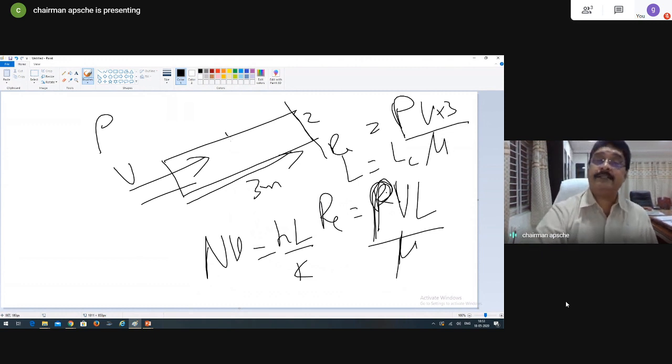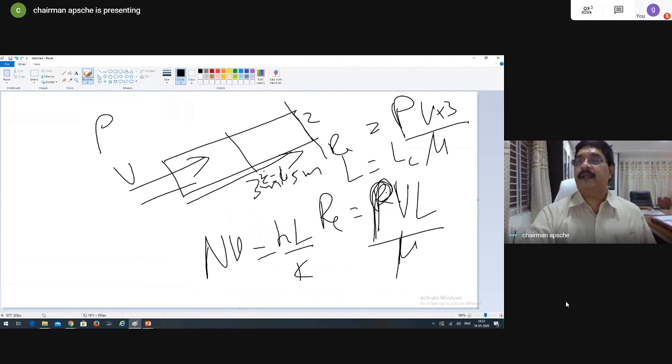If I say x equals 1.5 meters, then L should be equal to 1.5 meters. So it is the length along the plate. Please don't get confused. For flat plate flow only, not for everything, the length along the fluid flow will be the characteristic length.